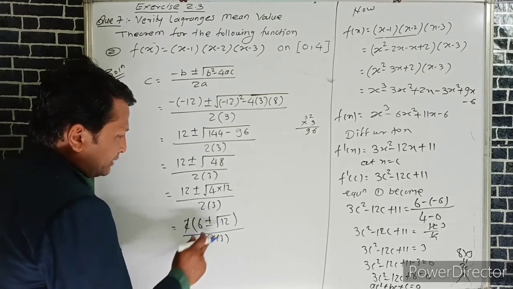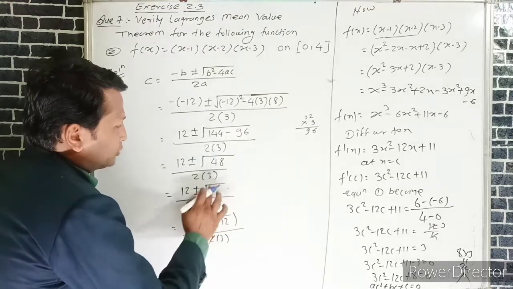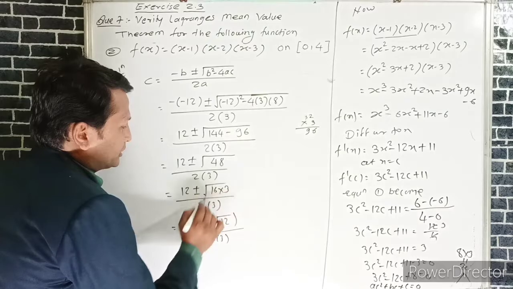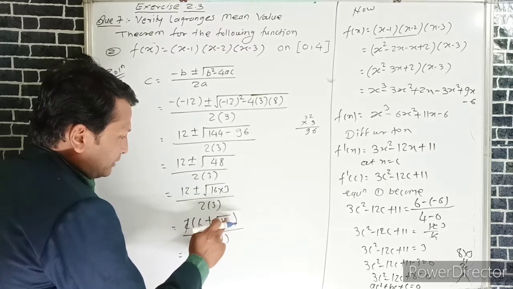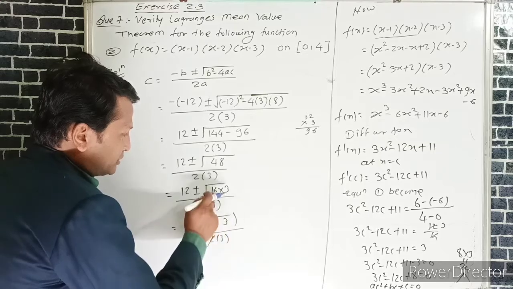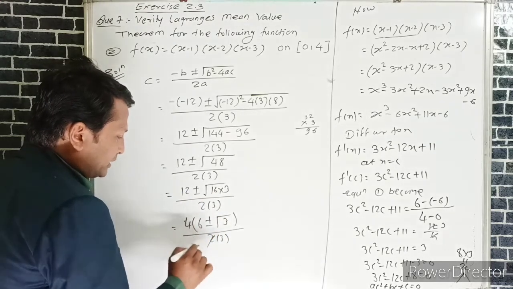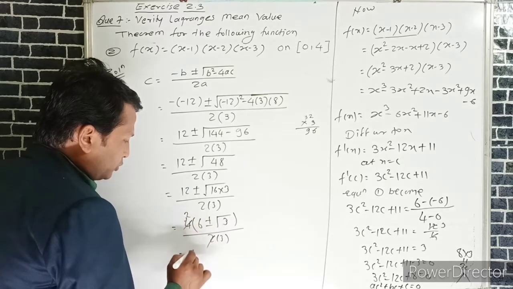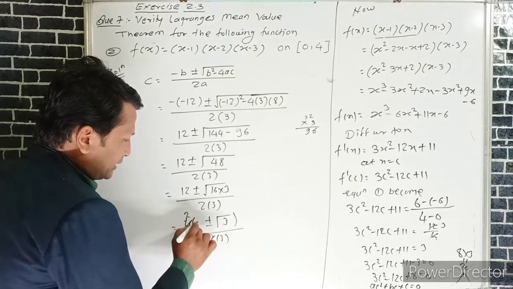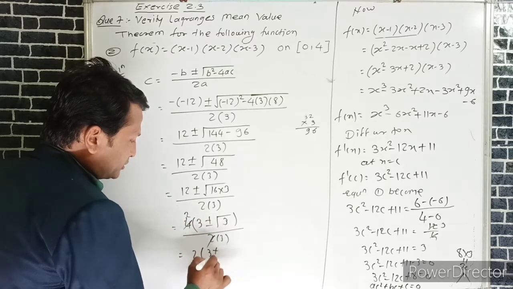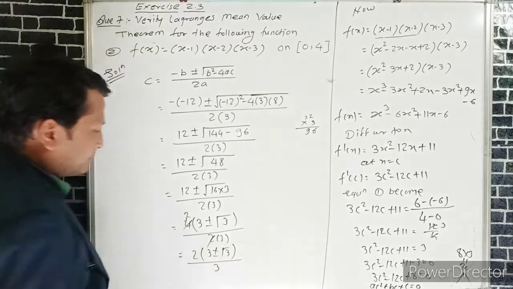We can write 12 as 4 into 3, so we take the square root of 4 out, and 2 is common from both terms, so we can write 3 plus minus under root 3 upon 3.